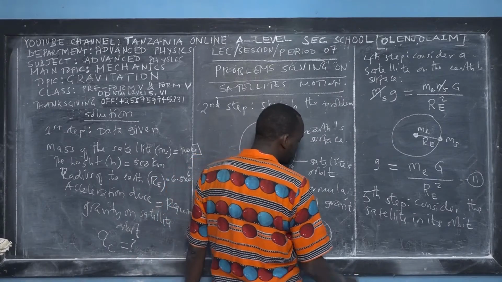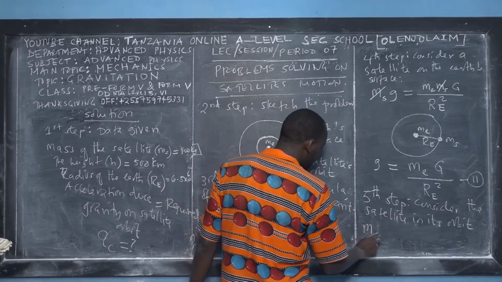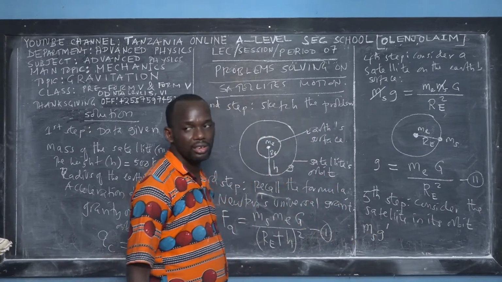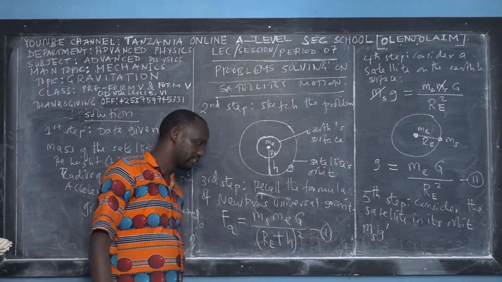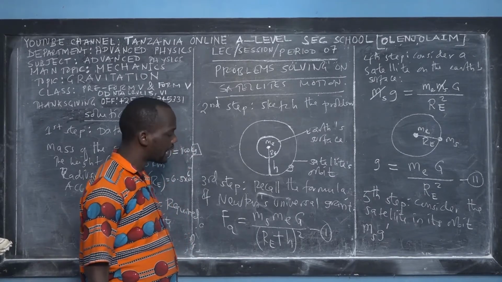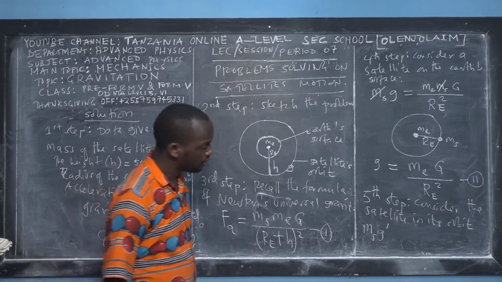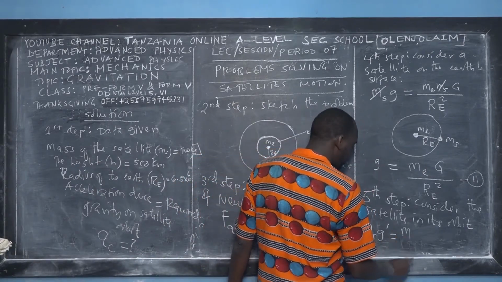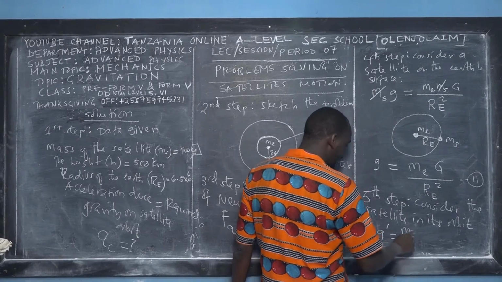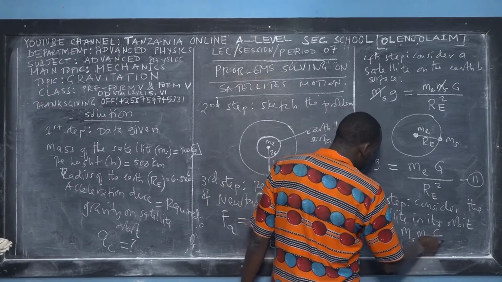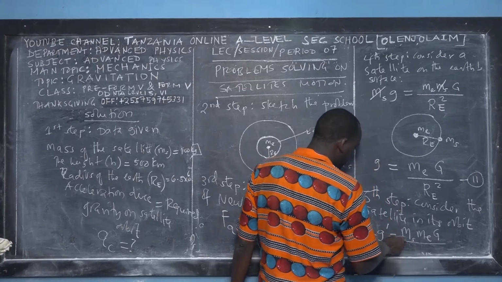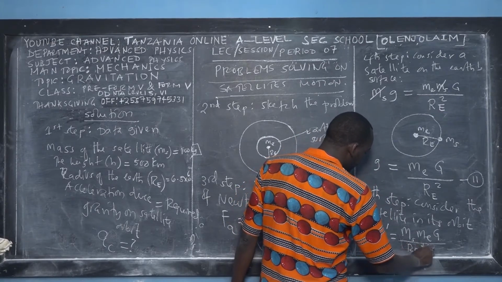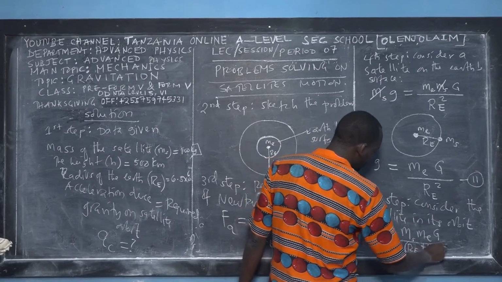So outside of the Earth's surface, the weight of the satellite, which is mass of the satellite times acceleration due to gravity g dash on the satellite, should be balanced with the force of attraction between the satellite and the Earth, times the universal gravitational constant, and then here we have the radius of the Earth plus the height h, and this is squared.